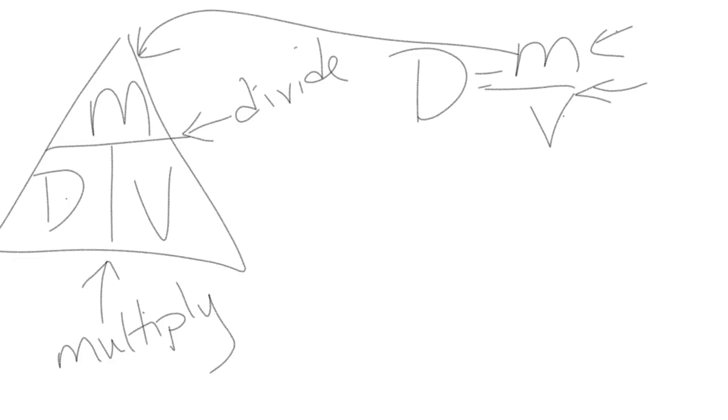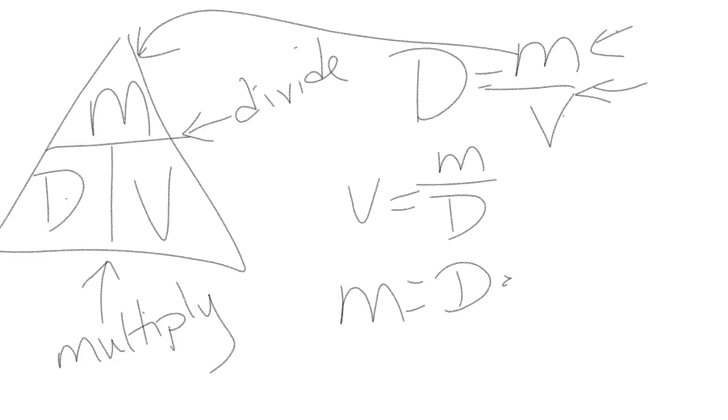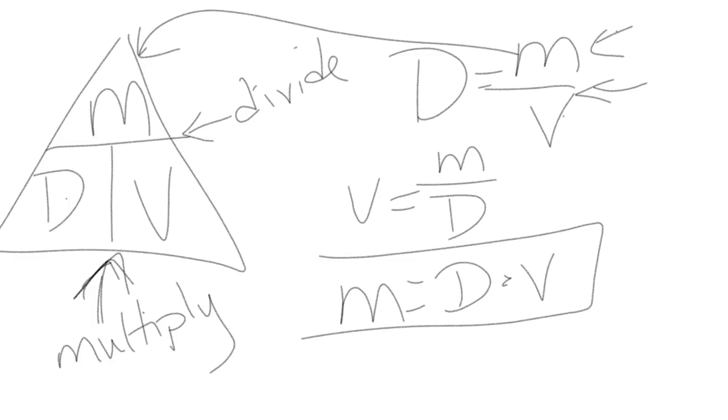If you want to know what the formula is for V, for example, cover up V, and you're left with V is equal to M over D. If you want to know what the formula is for M, you cover up M, and you're left with D times V, because this down here means multiply. So you're able to figure out your formulas, and then you can just plug that in on problems like we just did. So whichever way is easiest for you.